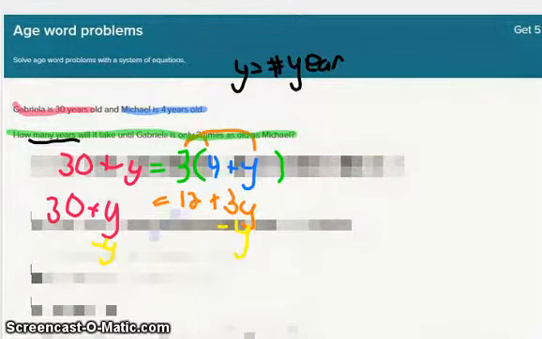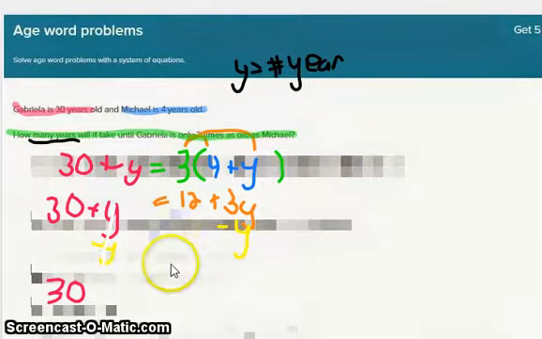So, now we have wrong color. 30, actually you don't need the plus, because plus y minus y is just going to cross out and you're going to have a 0. So you don't need to worry about that.